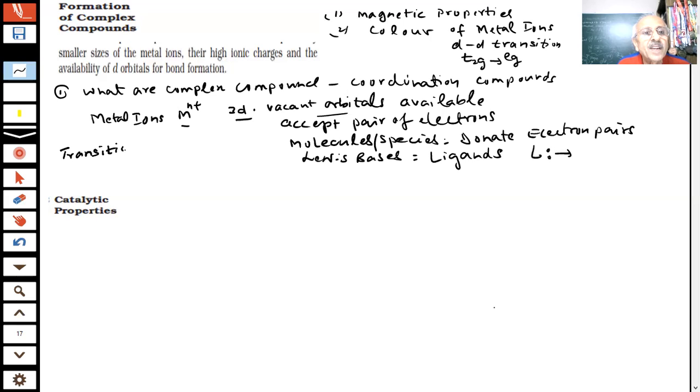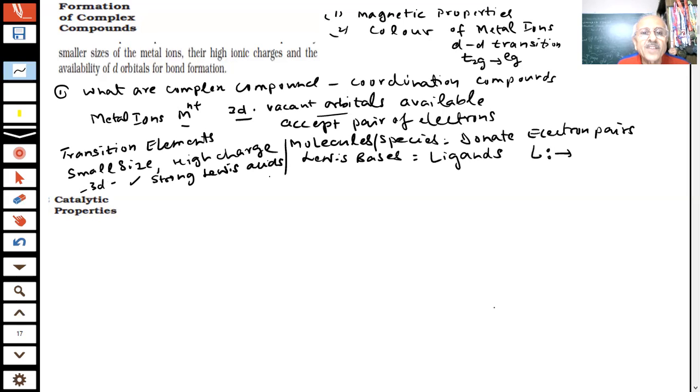These transition elements have small size and high charge, and they have 3d orbitals available, therefore they act as strong Lewis acids. They can accept electron pairs from the ligands.